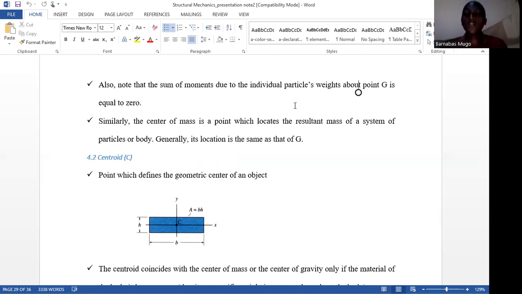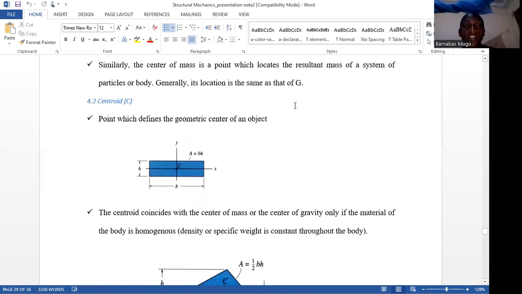Then on the same note, we need to know about the centroid. The centroid is a point also, but this point defines the geometric center of an object or a body. That is, the center of that object or body is the one that is termed as the centroid.